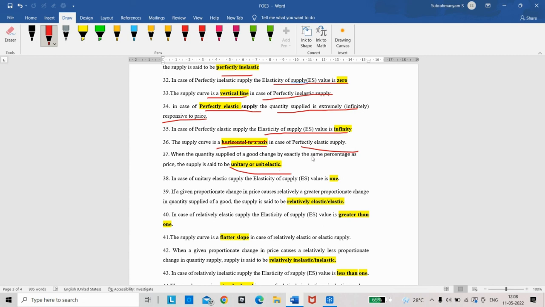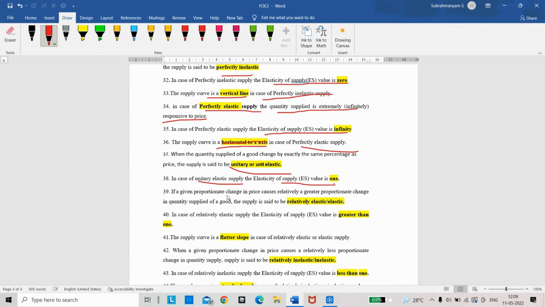That means a 20 percent change in the price level leads to a 20 percent change in the quantity supplied, or a 40 percent change in price leads to a 40 percent change in quantity supplied. That is known as unitary or unit elastic. In case of unitary elastic supply, the ES value is 1.